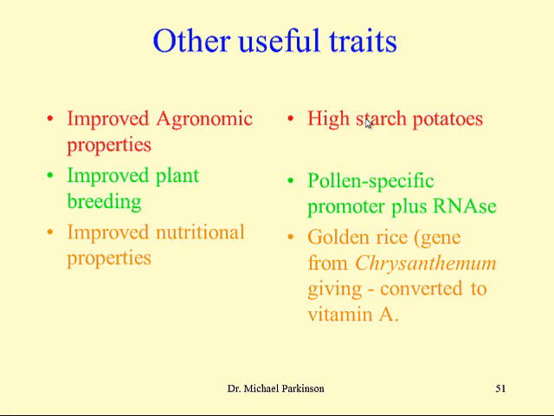So golden rice has been produced by Ingo Potrykus and his group over a period of about 15 years, where you get increased levels of provitamin A. Basically you can supplement your diet not with rice but with golden rice, and this will provide you with all the provitamin A that you need in order to produce vitamin A to prevent things like blindness.